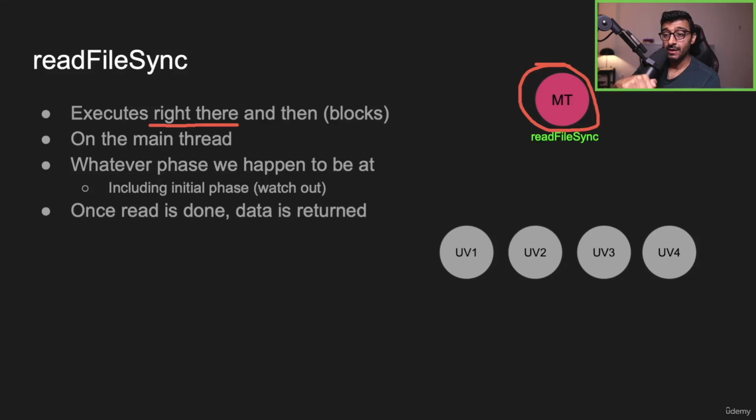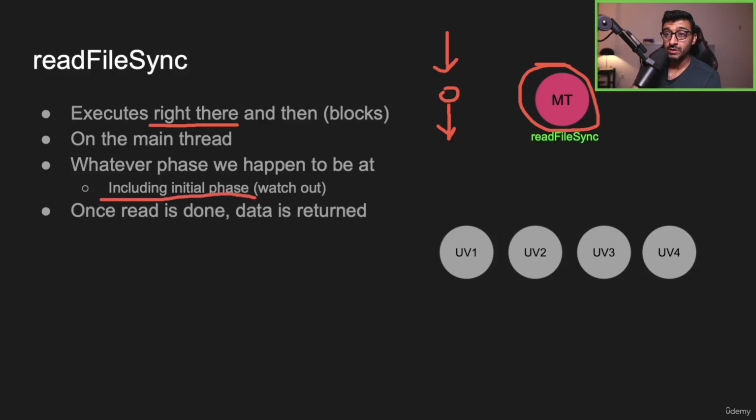And then once you do that, return the content of the file to me, and then unblock me, right? So it's a completely synchronous call. You do this, then you do the read, and then you move on, right? So you'll be blocking the main thread in this particular case.